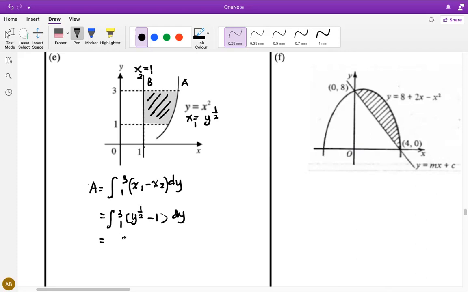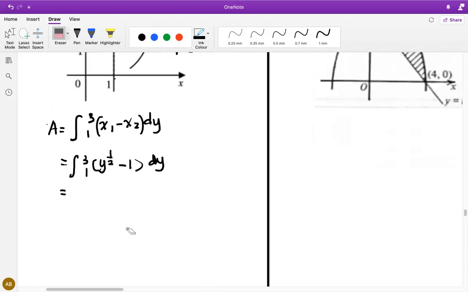Okay, so you integrate. So you get y to the power 3 over 2, over 3 over 2, minus y, from 1 to 3.